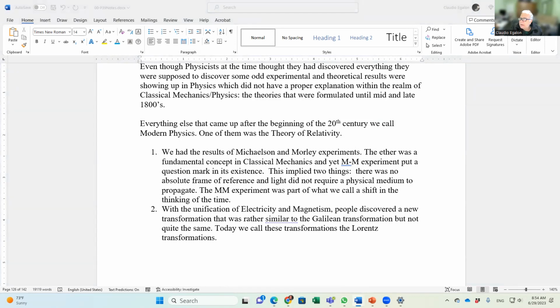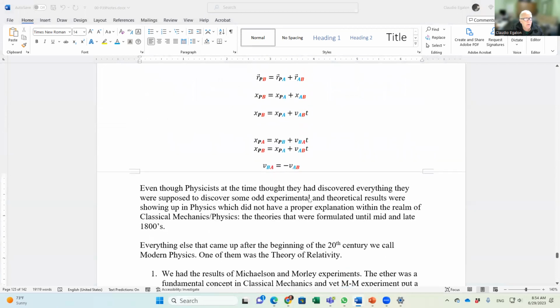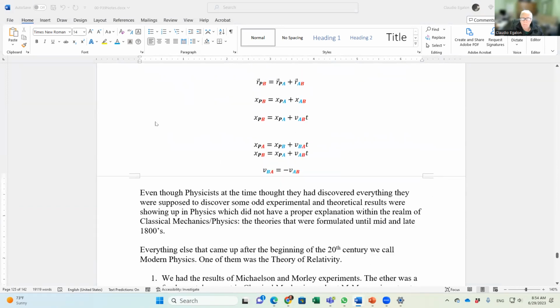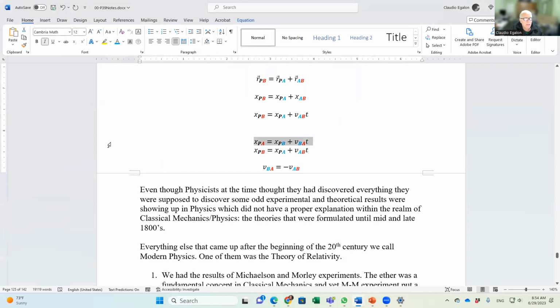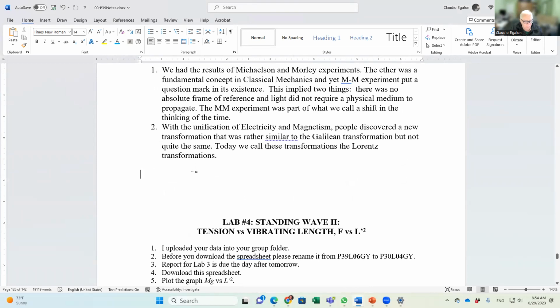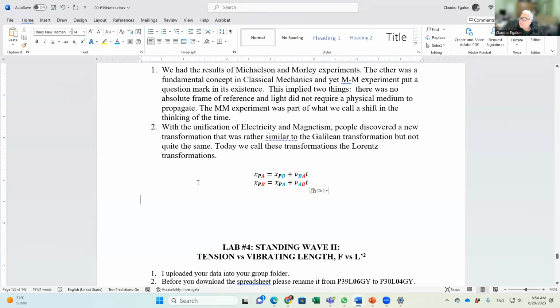If the Galilean transformation was that one that you saw here, if the Galilean transformation was something like that, the Lorentz transformation was something else.